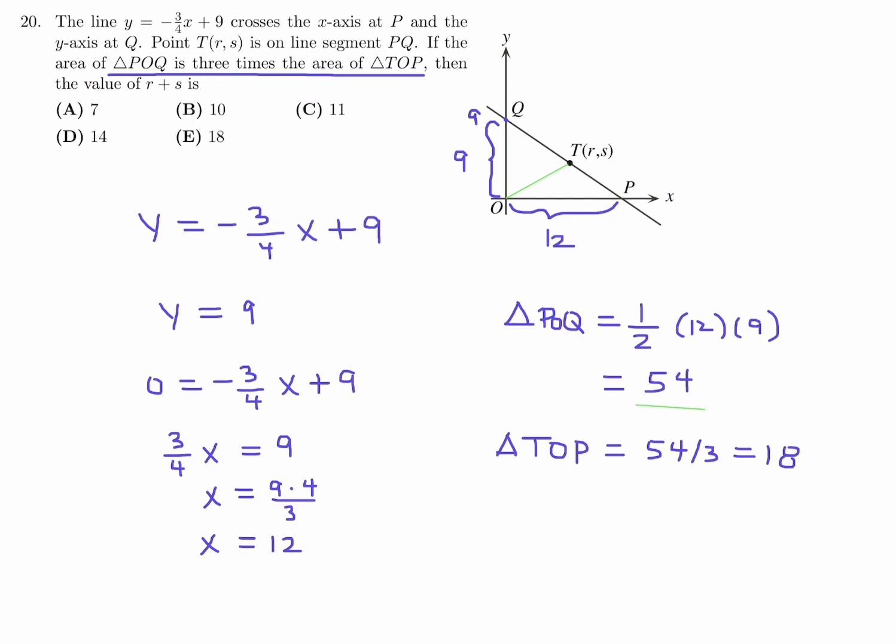All right, so now we have to figure out this area using our dimensions, and I'm just going to draw a height with that red line right there. So here we go. 18, which is the area of TOP, is 1/2 base times height. The base is this guy right here, 12, and the height, well, that is going to be represented in terms of either R or S. Which one?